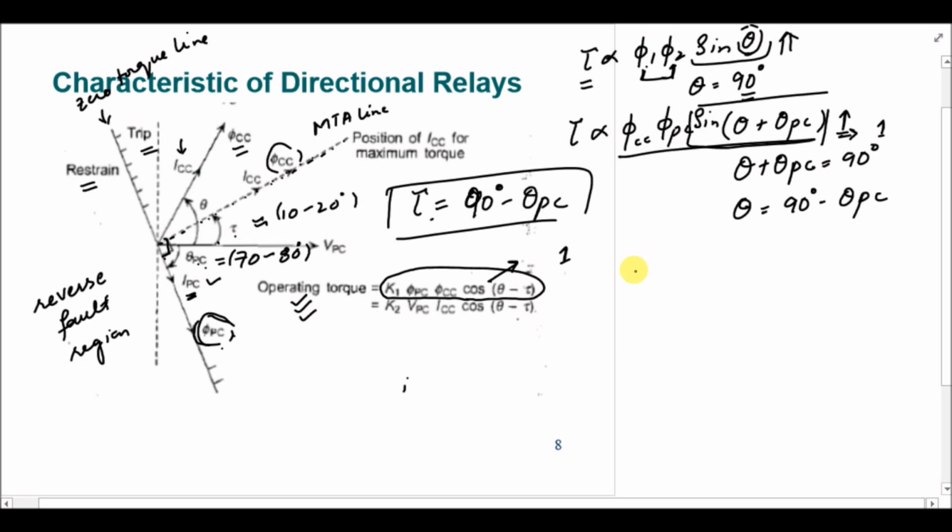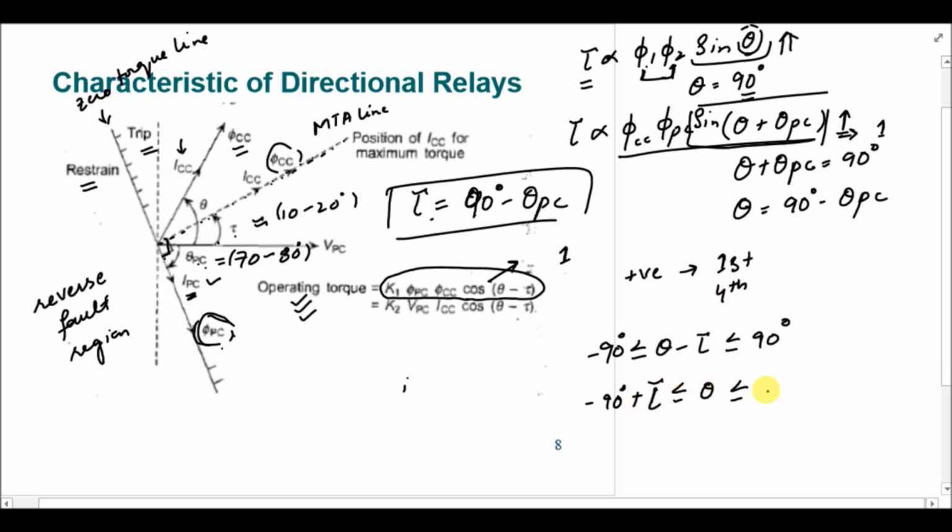And cosine is positive in first and fourth quadrant, right? So this theta minus tau should be within this range. From minus 90 to 90 degree, we have a cosine value which is positive, so we have a maximum operating torque value. And from there we can write minus 90 degree plus tau and 90 degree plus tau.